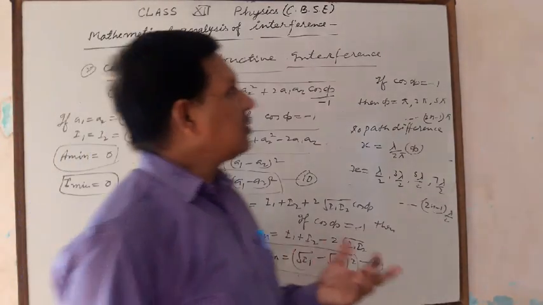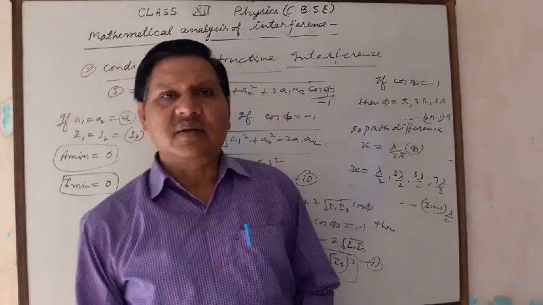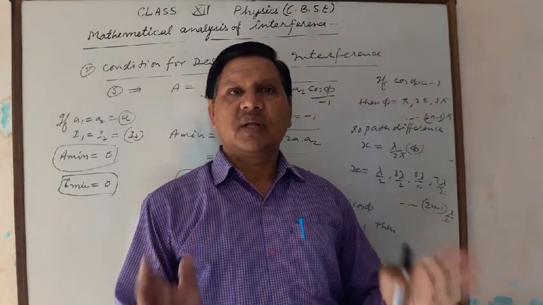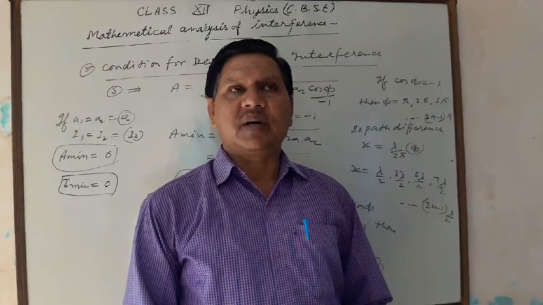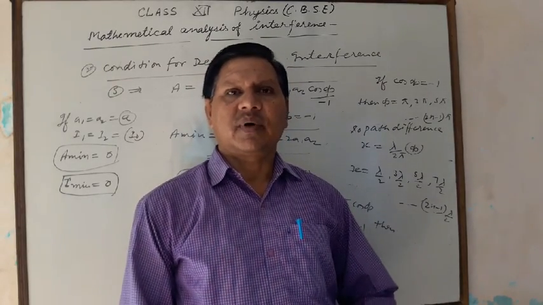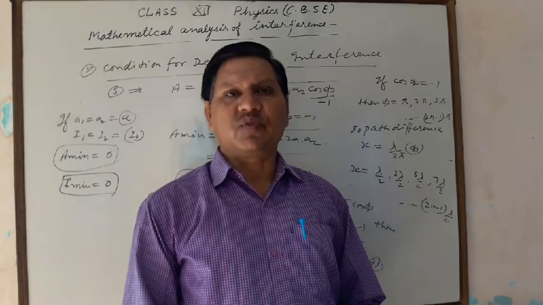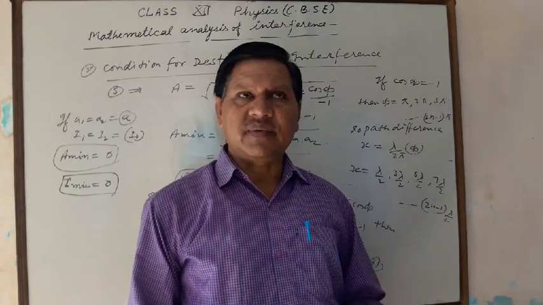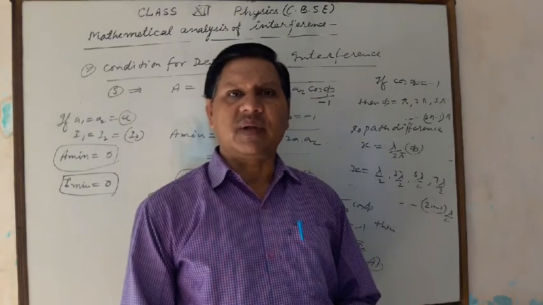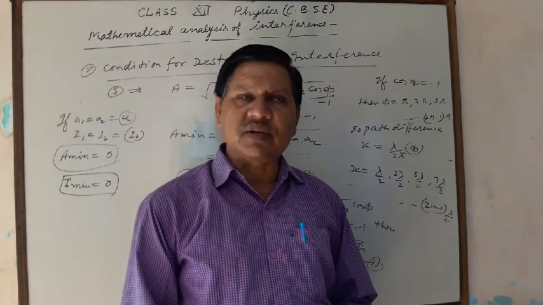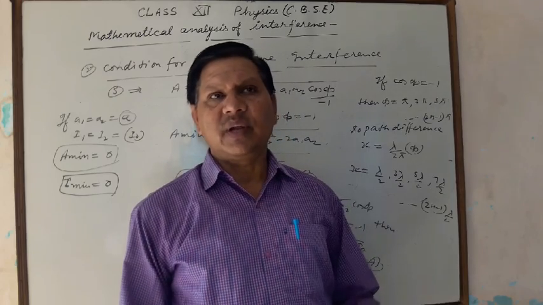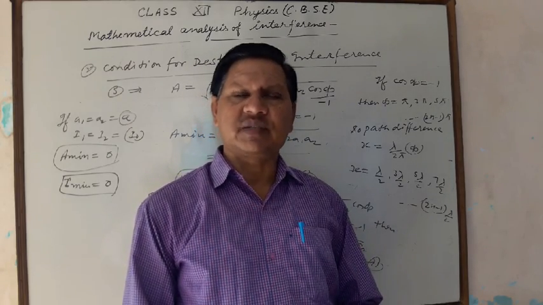So we find the necessary condition for constructive interference: when the phase difference between both waves is either 0 or an integral multiple of 2 pi, or the path difference is either 0 or a perfect multiple of lambda, then constructive interference is produced, and the amplitude and intensity of the resultant become maximum.